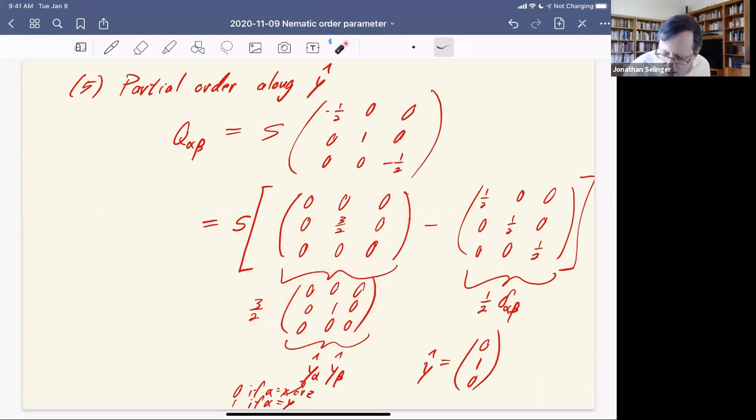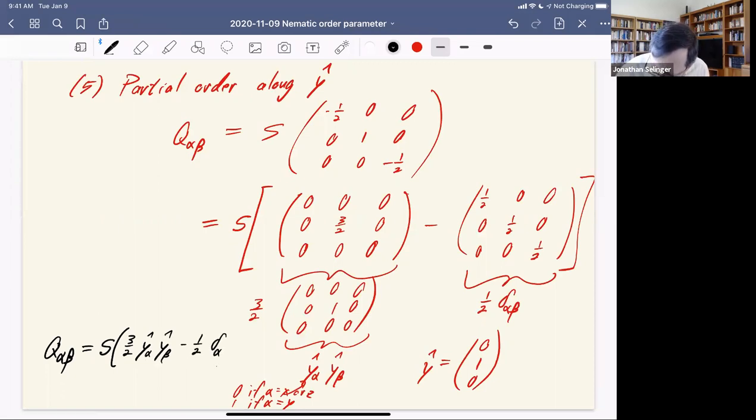So putting those things together, I would say for partial order along y, that Q alpha beta is equal to S times 3/2 y hat alpha y hat beta minus 1/2 delta alpha beta.